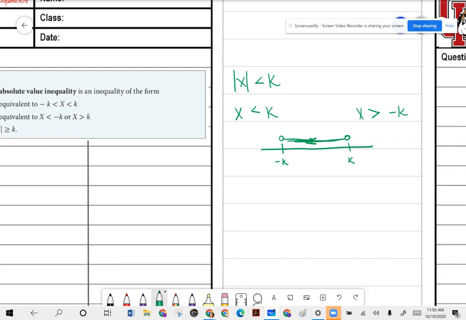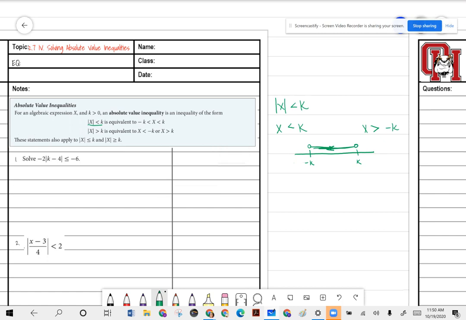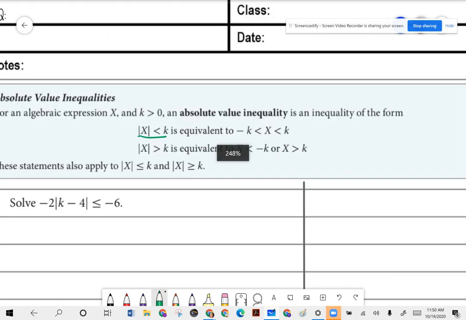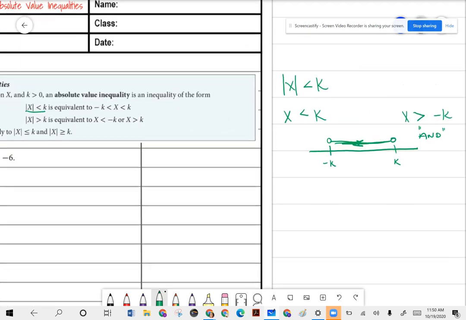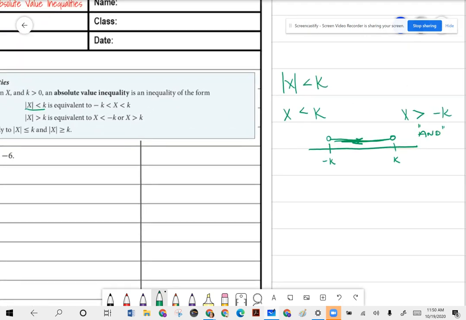Like when we talked about compound inequalities, this is the and portion of that. So x is bigger than negative k, and x is smaller than k.